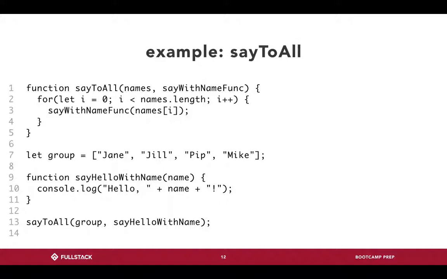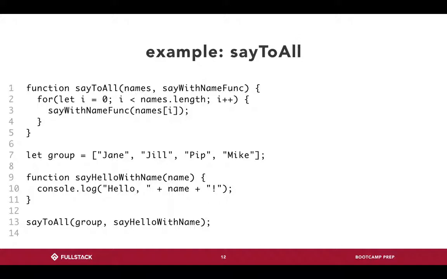Yeah, it's this function that will call console.log with the name. So when i is 0, names i is what? Jane. So we pass in the string Jane. So we just solved that bit. We pass in the string Jane to say with name func. Jane comes here, we log out hello Jane. This function returns what?